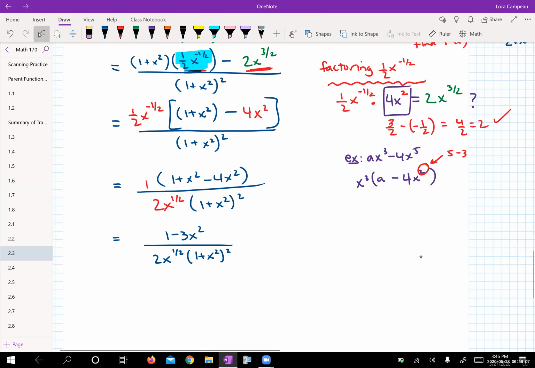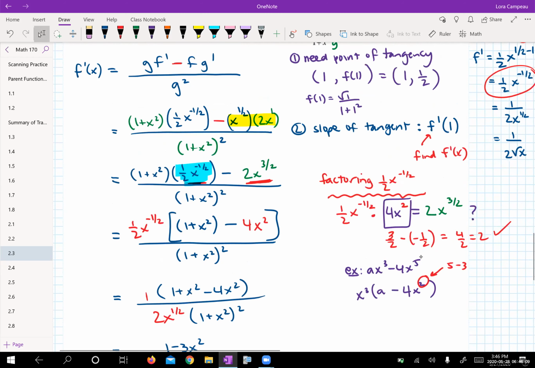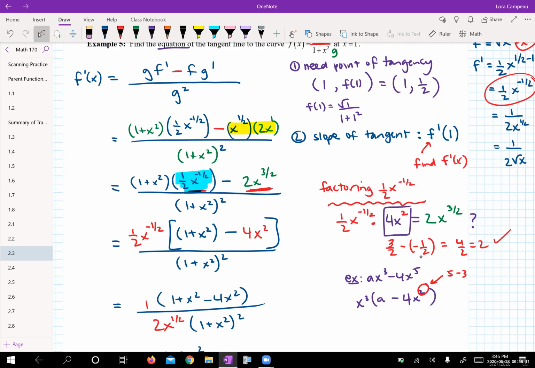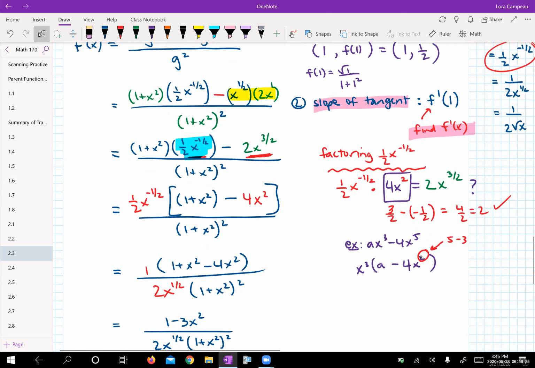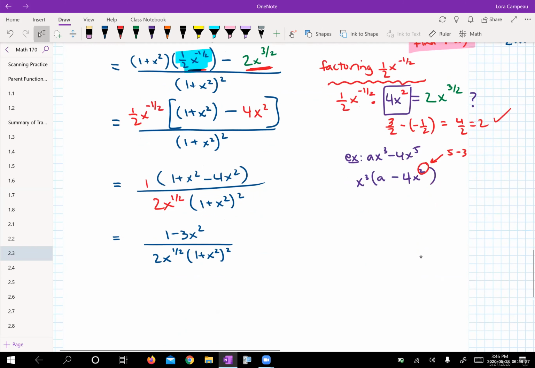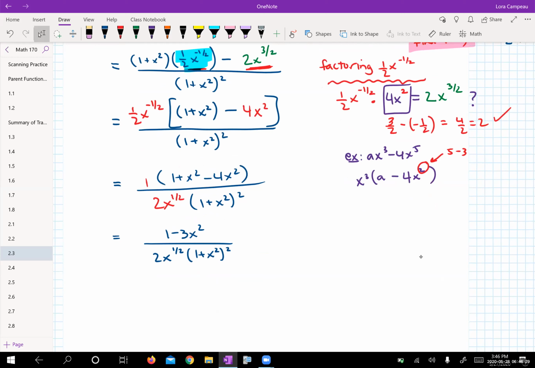So what was our purpose anyways of finding this derivative? We actually had to figure out the slope of the tangent line. I wanted to highlight that. And in order to find the slope of the tangent line, we had to find that derivative. So that's the majority of our work, by the way. Now at this point, we've calculated the derivative, f prime x.